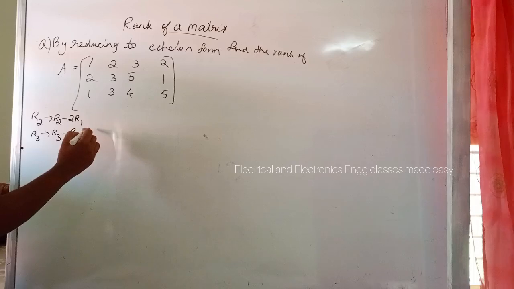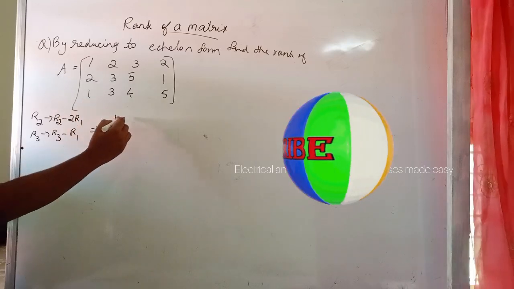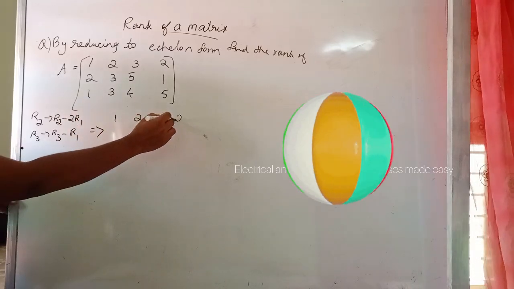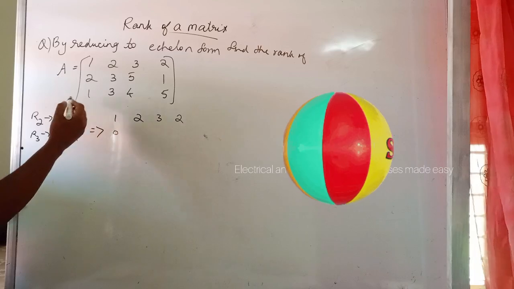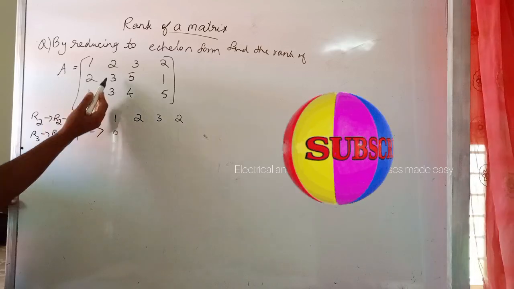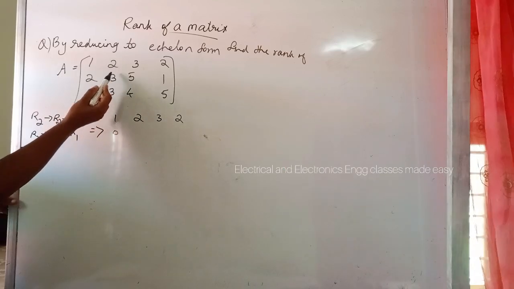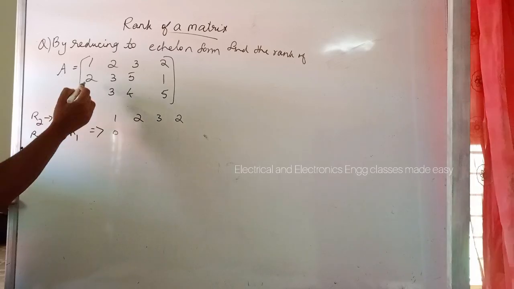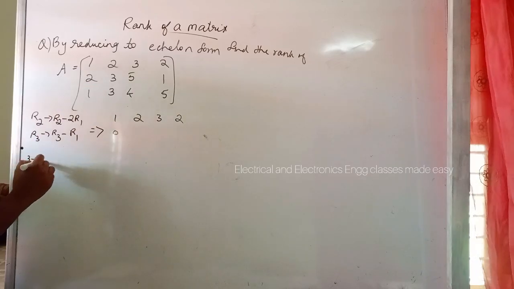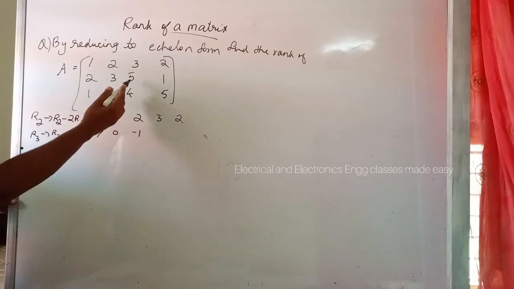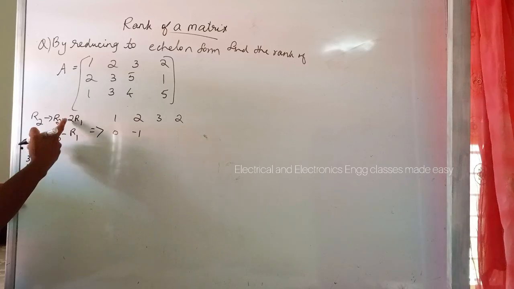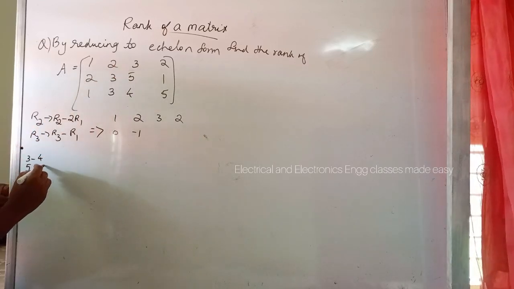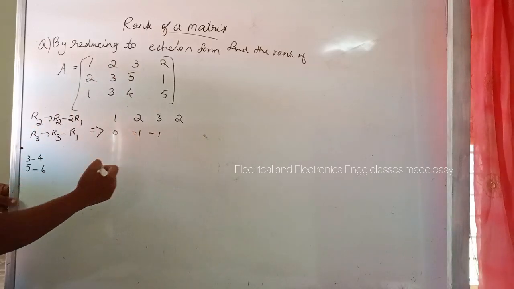So here we will get 1, 2, 3, 2. Then 0. Then R2 minus 2 times R1: 3 minus 2 into 2, that is 4, gives minus 1 here. Then 5 minus 2 times 3, that is 6, again minus 1.